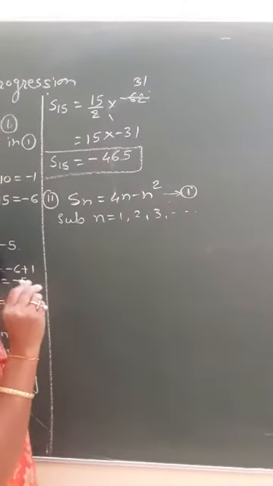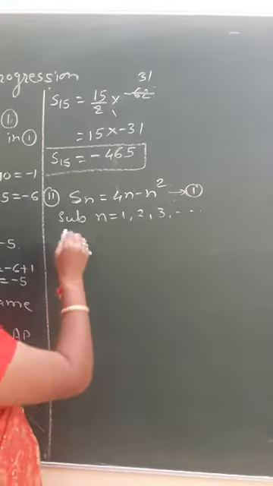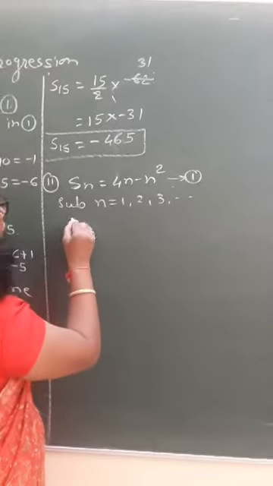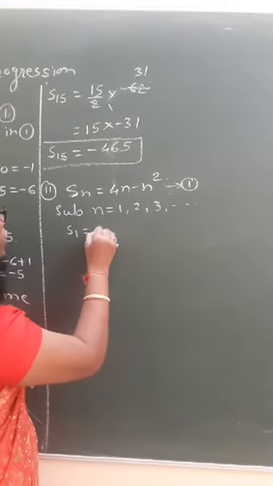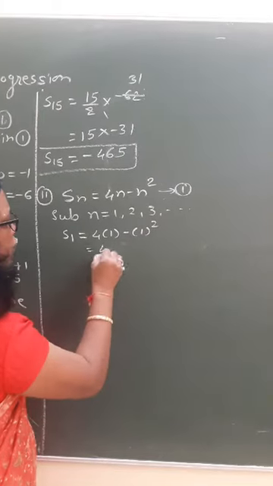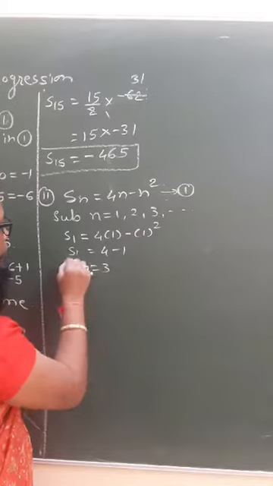So what we are going to do here, as Sn they have given, we will find by substituting n is equal to 1, 2, 3. S1 we will get as 4 into 1 minus 1 square, as 4 minus 1, which means S1 is equal to 3.